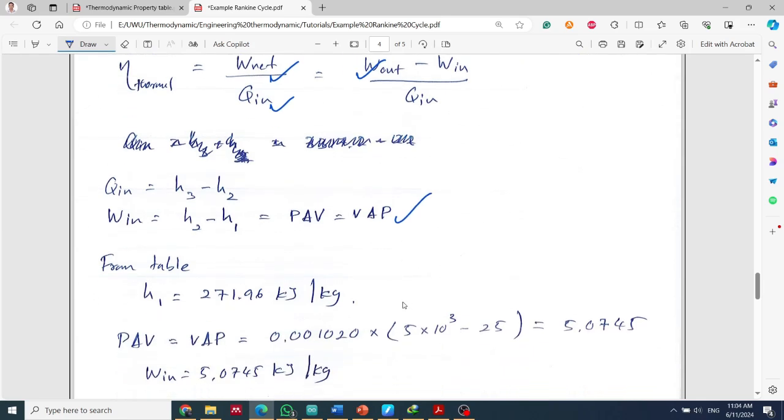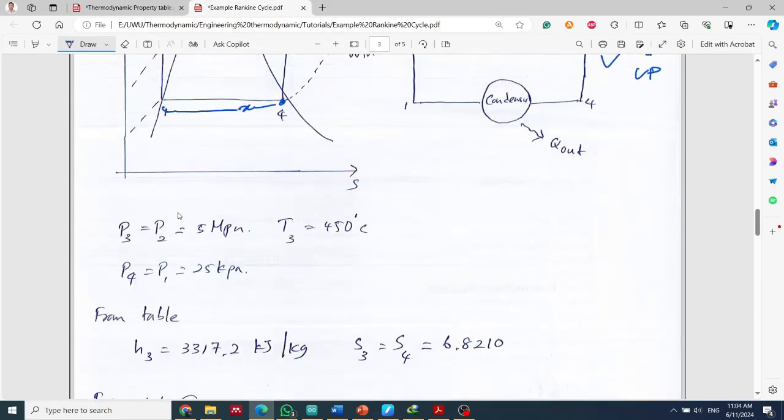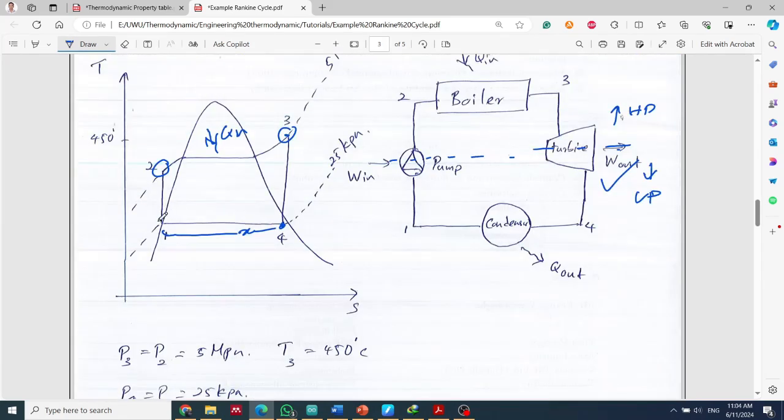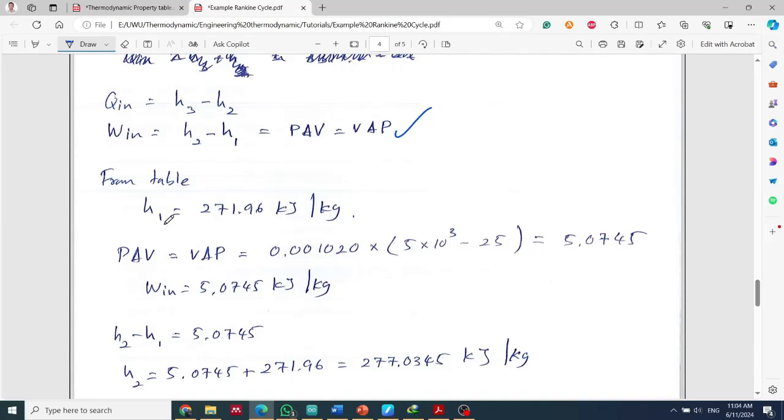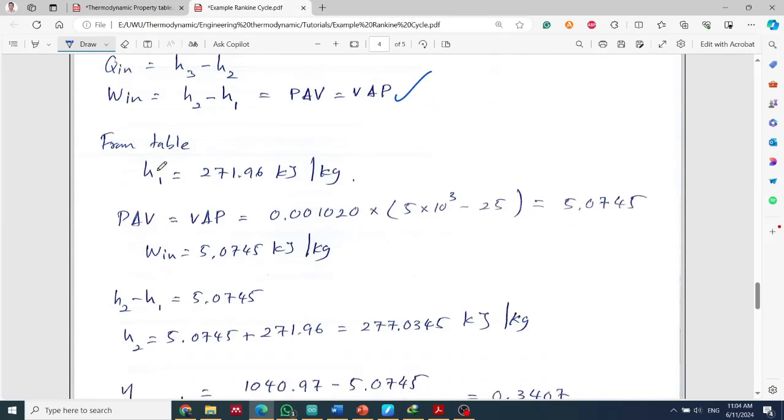From the table we can find the H1 value, because H1 is exactly on the saturated line. Therefore we can refer to the saturated table and extract the H1 value.